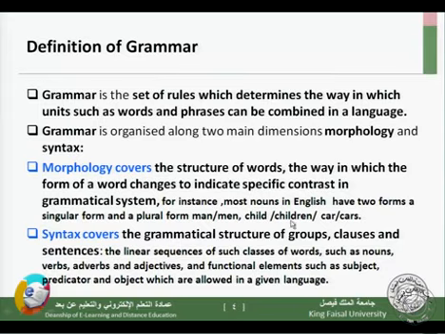So the role of morphology in the grammatical system can be seen through these examples. I know this is a word, but when you add the S, a little morpheme S here, it becomes a plural. When you add this little morpheme REN to child, children.